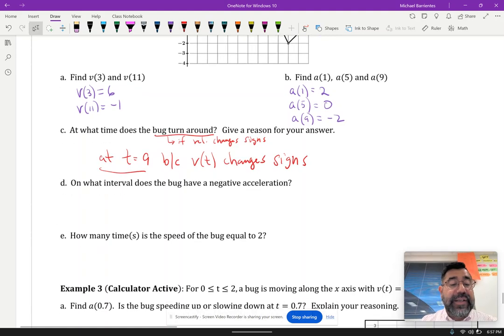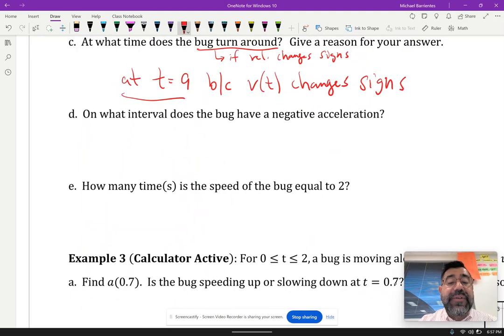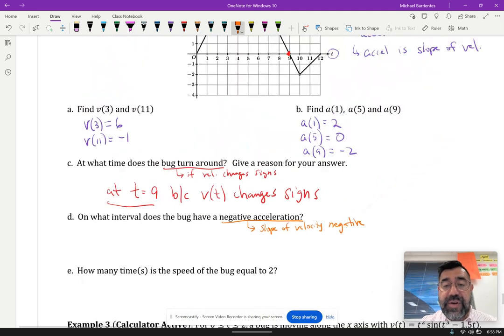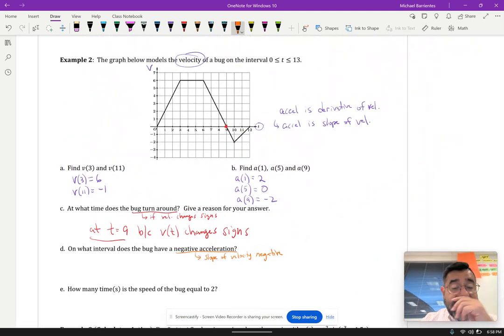Alrighty, next one. On what interval does the bug have a negative acceleration? Negative acceleration. Well, that means when is the slope of velocity negative, because that's what acceleration is. So the slope is negative. Where's the slope negative? Well, the slope is positive here.